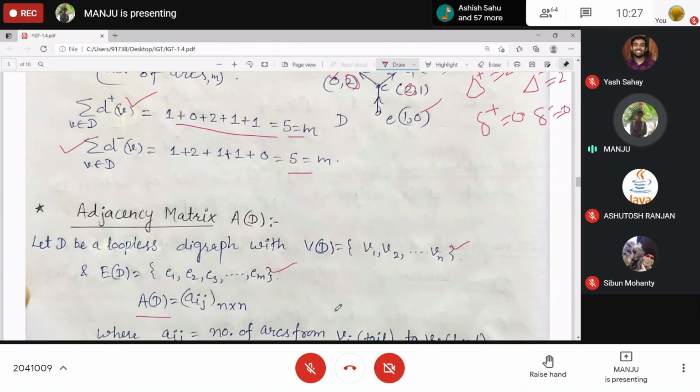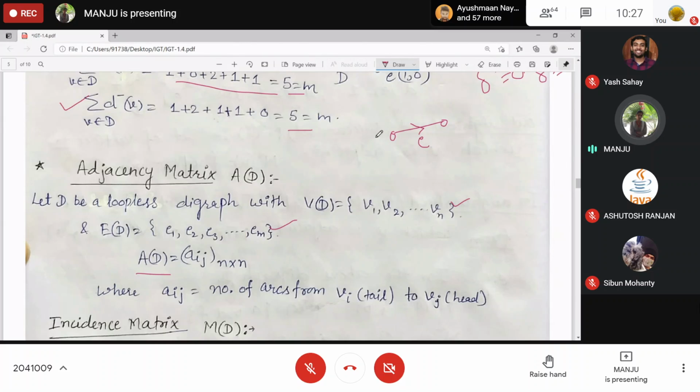Now here we have a directed graph with tail and head for the edges. There it will be somewhat different. In the undirected case Aij and Aji were the same, symmetric, right?